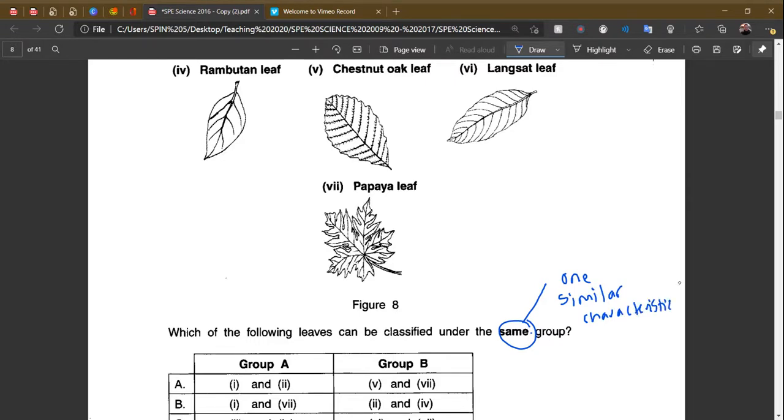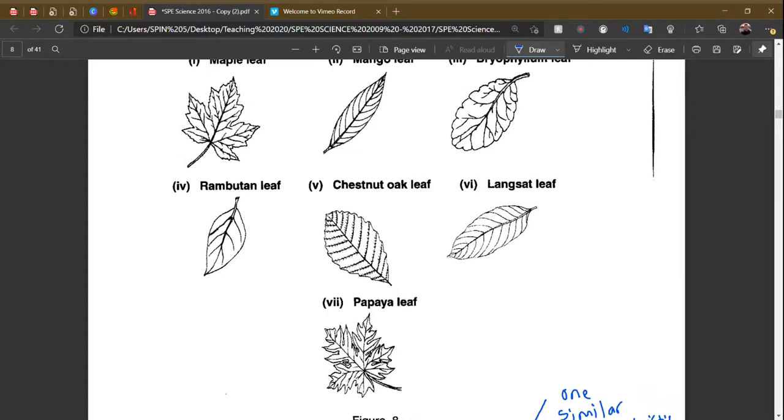at least one. And based on this, you have to look at the shape. Two of them have very similar shape. If you look at maple leaves and papaya leaves, both of them have this thorny shape. Same with this one.